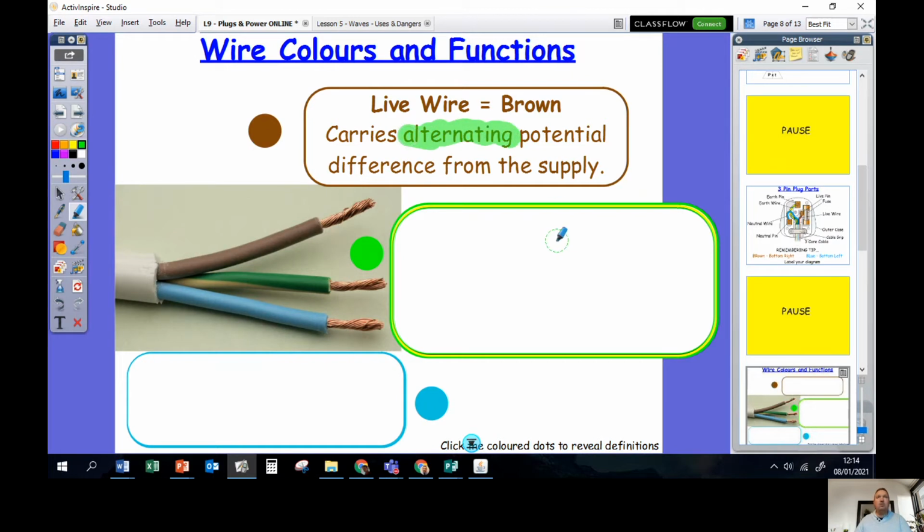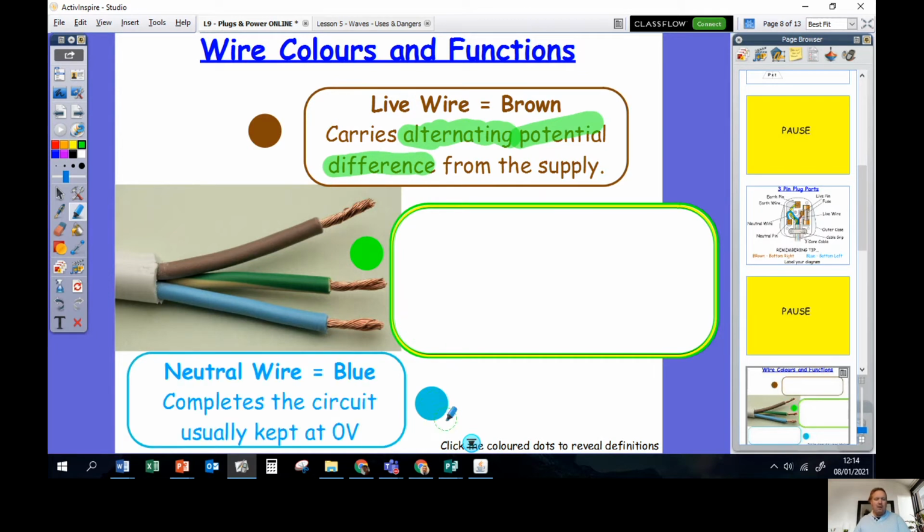In other words, it's constantly switching between plus and minus voltage, plus, minus, plus, minus, plus, minus. A bit like someone taking one end of a seesaw and tipping it up and down and up and down and up and down. So the live wire actually has a voltage in it, plus, minus, plus, minus, plus, minus. So it carries in what we call an alternating voltage or alternating potential difference in from your plug.